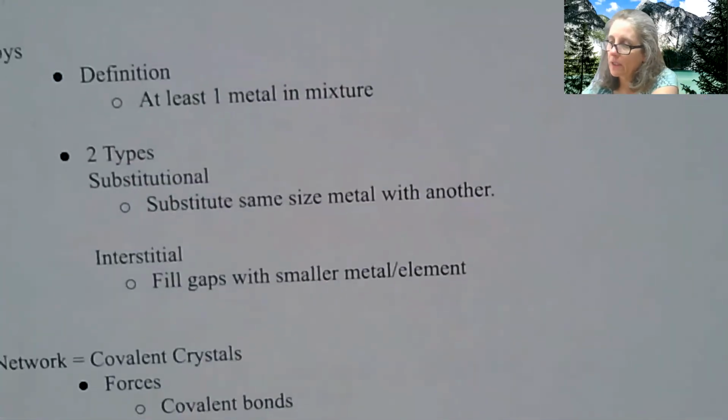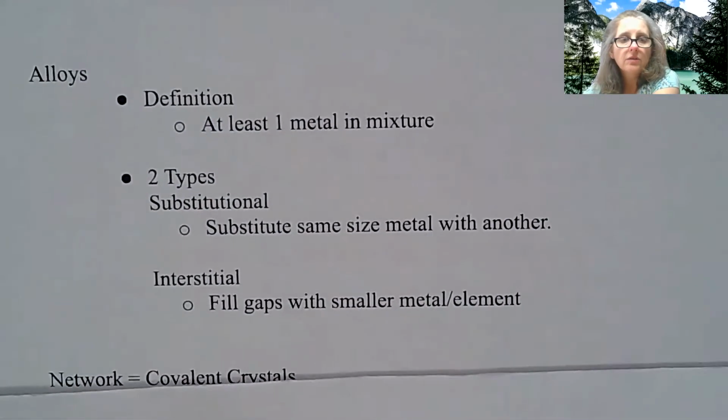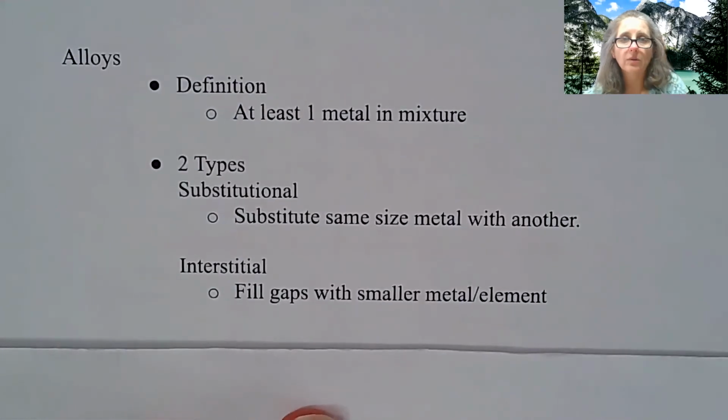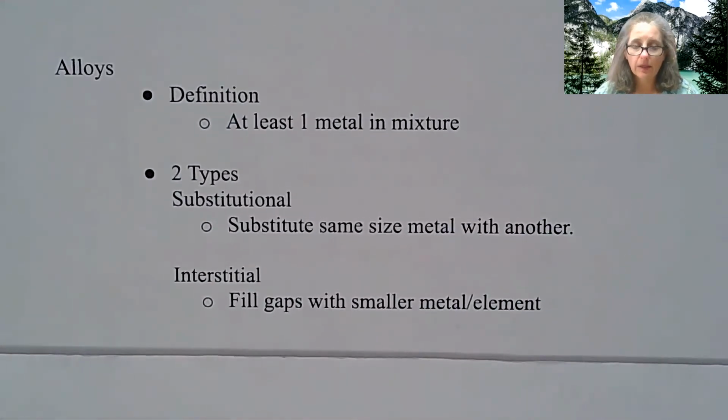In that same idea, we can also look at something called alloys. Alloys are, by definition, a substance that has at least one metal in the mixture. Usually you have multiple metals in the mixture, and you might know of some alloys like bronze, brass, and sterling silver.